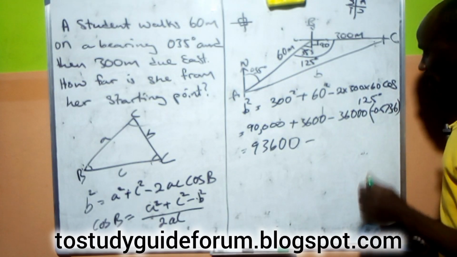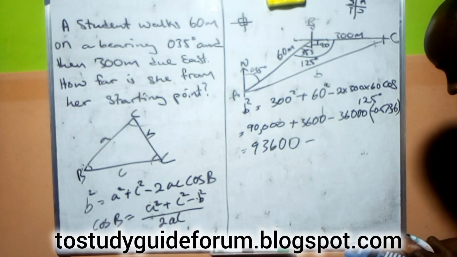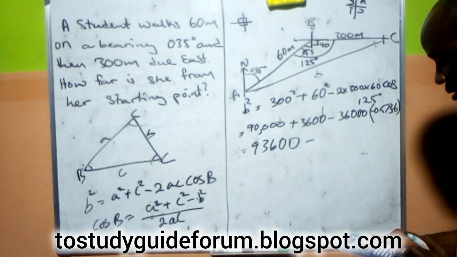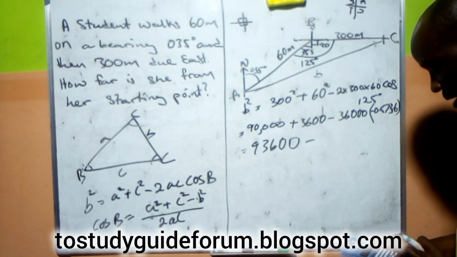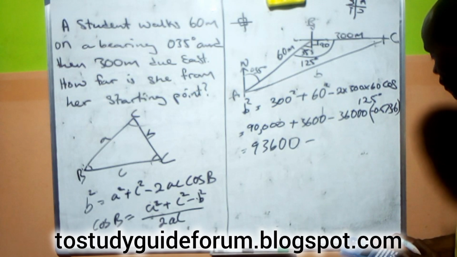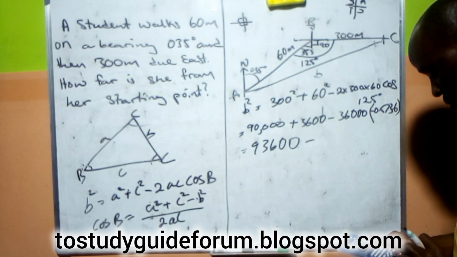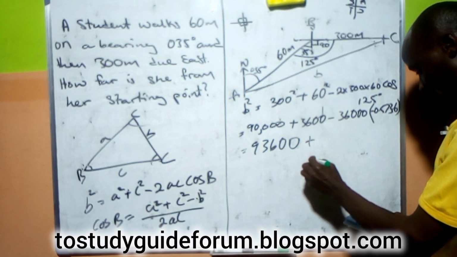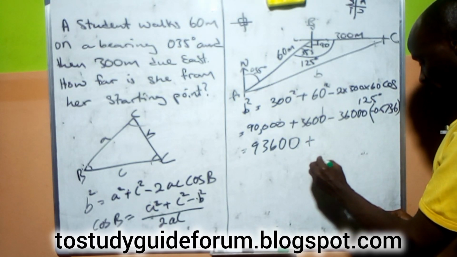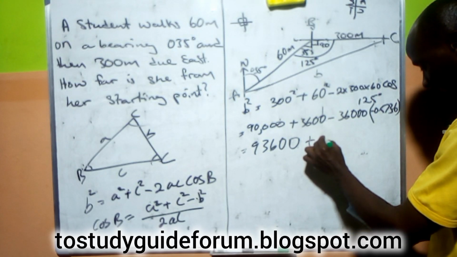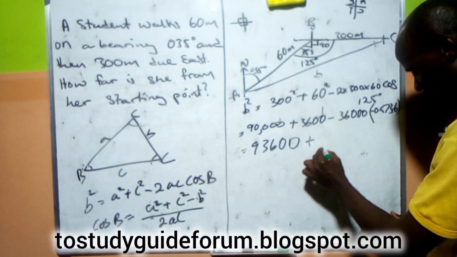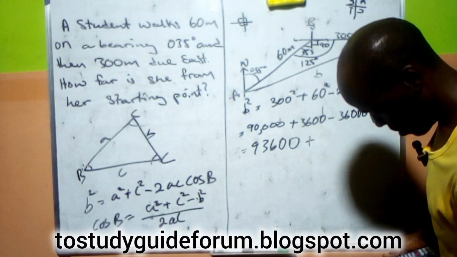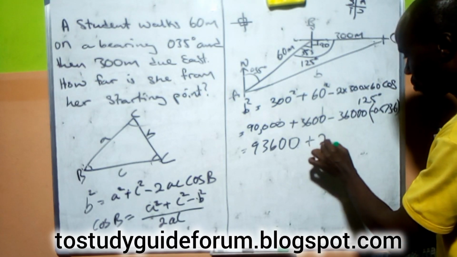Then when we multiply 36,000 times minus 0.5736, everything will turn to plus, because minus times minus is plus.